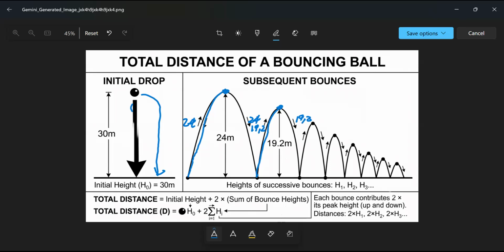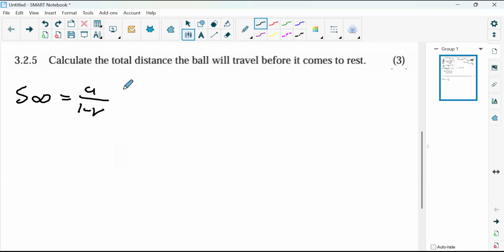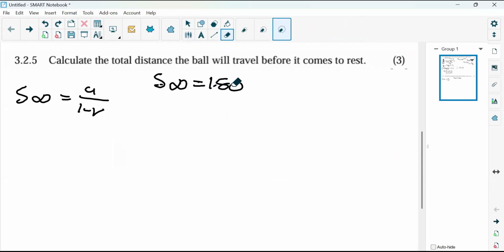Sum to infinity is going to be given by A over 1 minus R. With our sum to infinity, we got 150, remember? You can watch how we got the 150 in our video of 3.2.3.